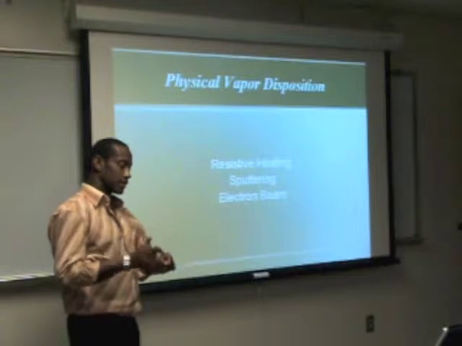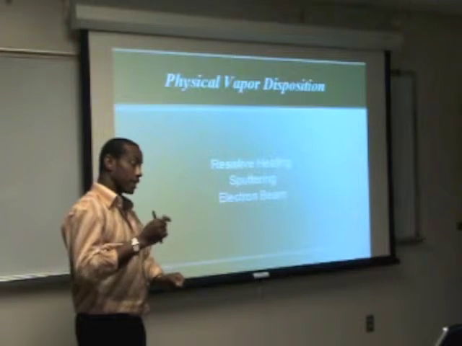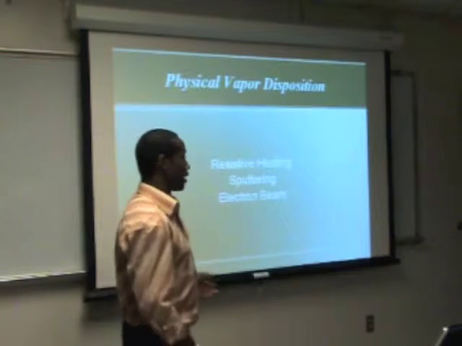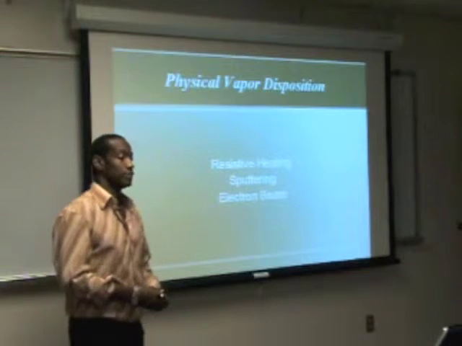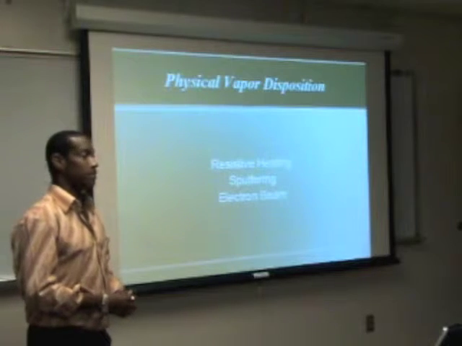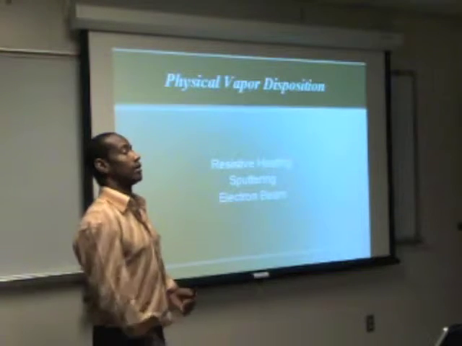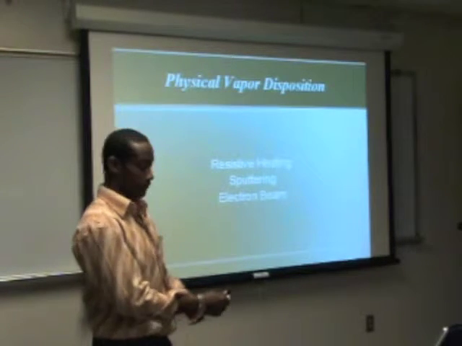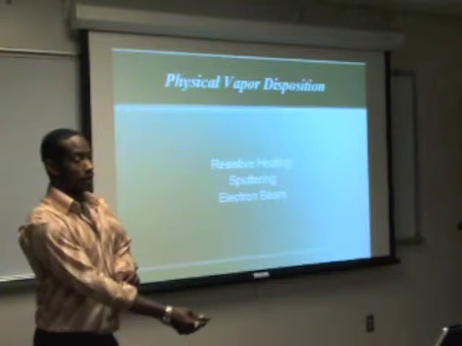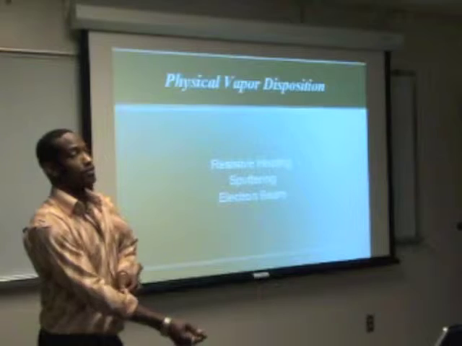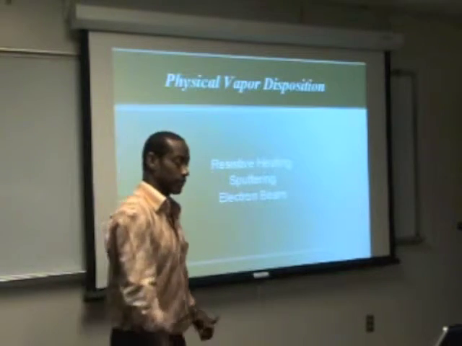Because it is ionized, it is attracted to our substrate. The one we're going to focus on is electron beam vaporization. This takes a high energy electron beam controlled by a magnetic field, and it focuses on our source material until it vaporizes and the vapors are attracted to our substrate.